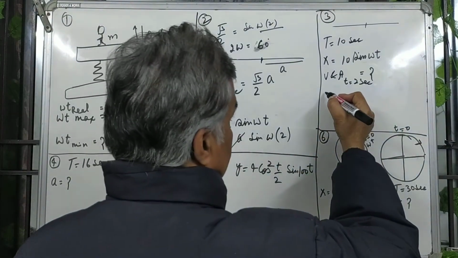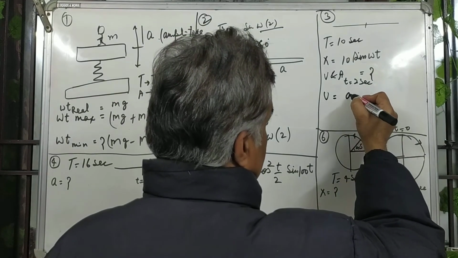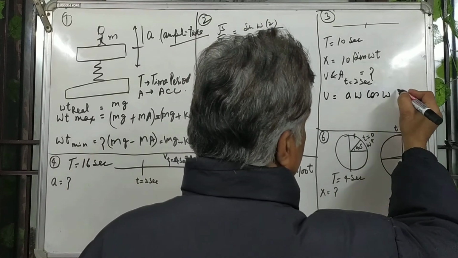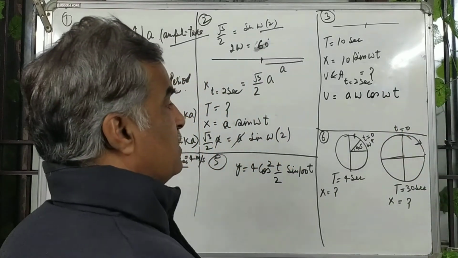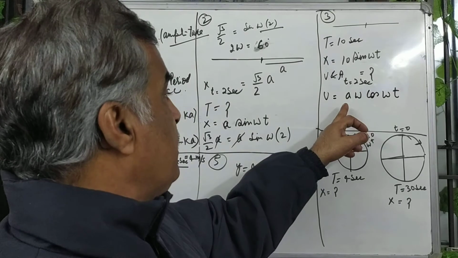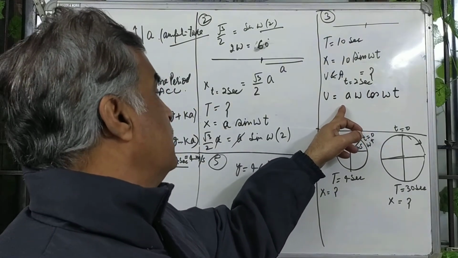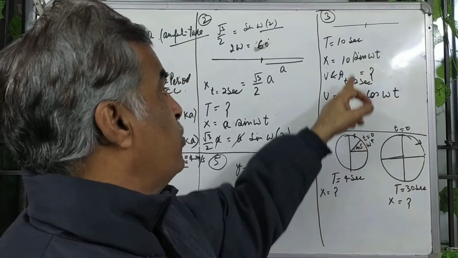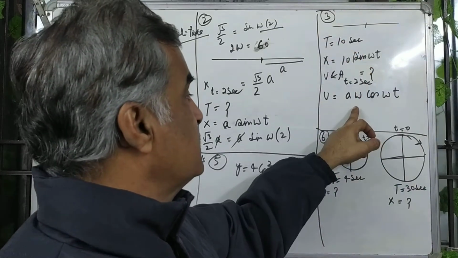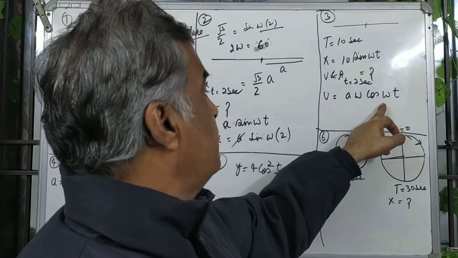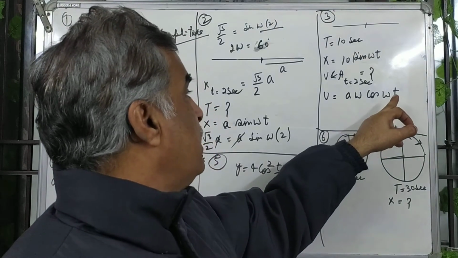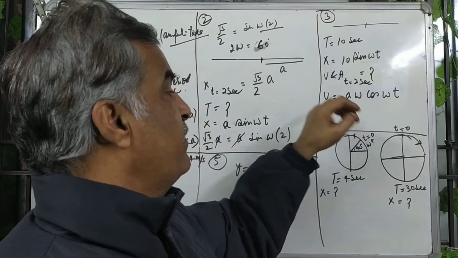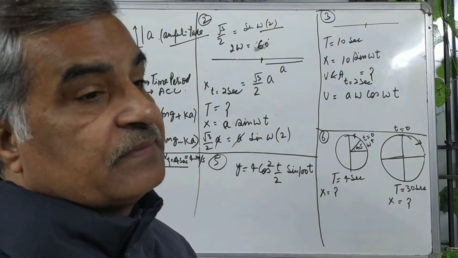So velocity equation v equal A omega cos omega t. In this, A is 10 and omega is 2 pi by T, and at time 2 seconds you have to find velocity. So you will find v.